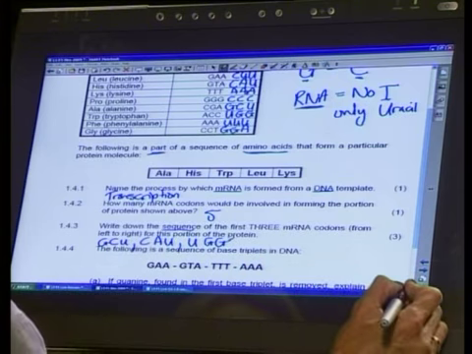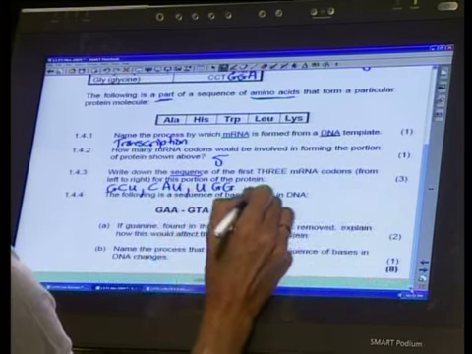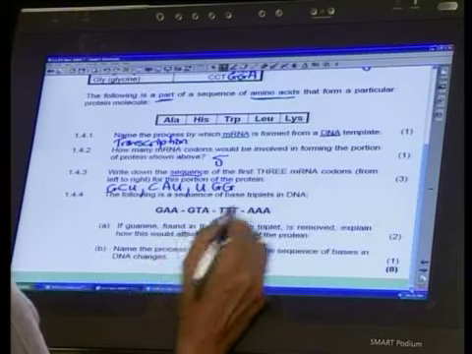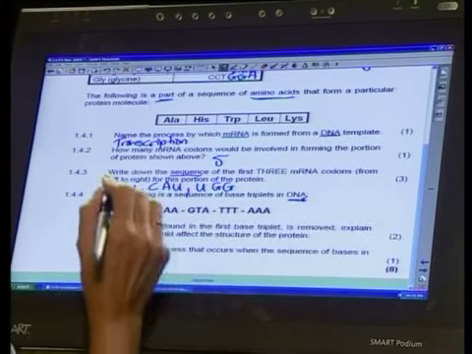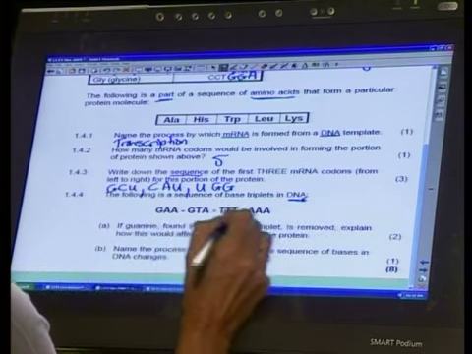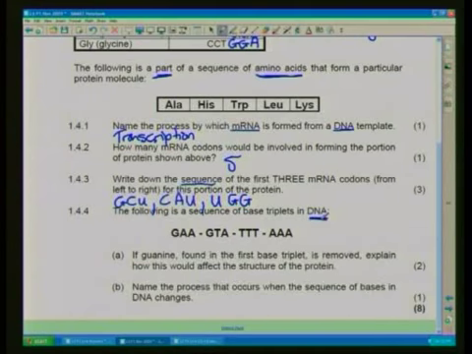Now, the following is a sequence of base triplets in DNA. People, look here. This is DNA. So they're giving you what is on the DNA, and they say, if guanine found in the first base triplet, so this one here, is removed, explain how this would affect the structure of the protein.